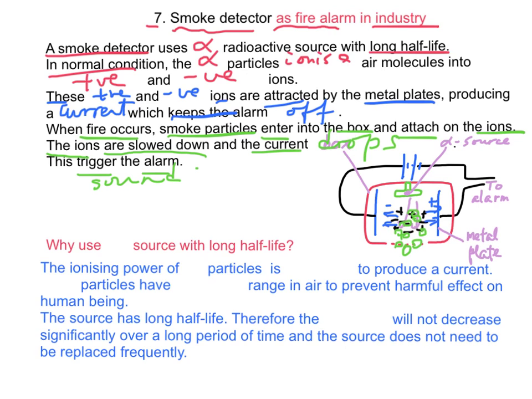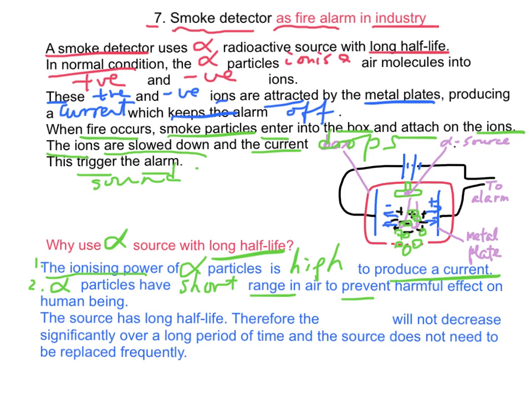Why should we use alpha source with long half-life? The reason is that the ionization power of alpha particles is high to produce a current. Also, alpha particles have short range in air.